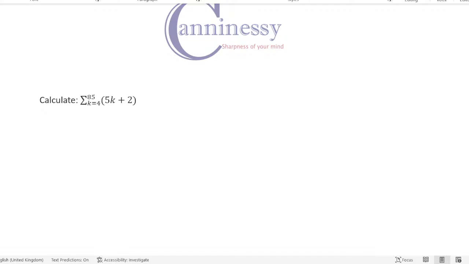All right, thumbs up. So now let's do the corrections. Here we have this expression. Here we are told that k is equal to 4. So now we have to get the first term.